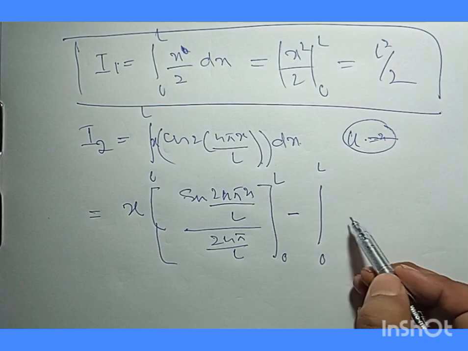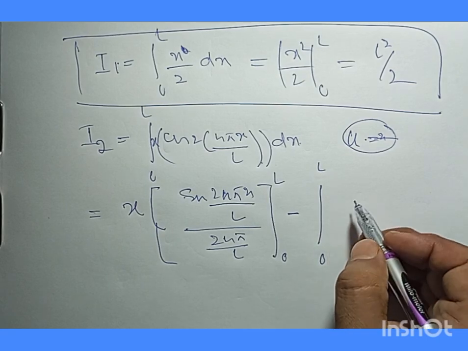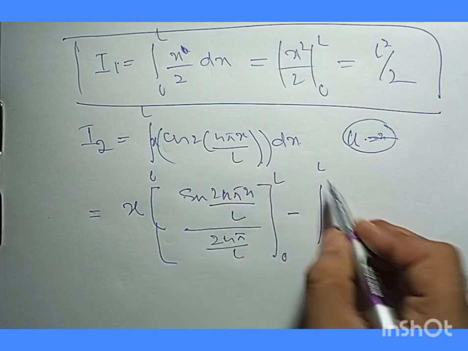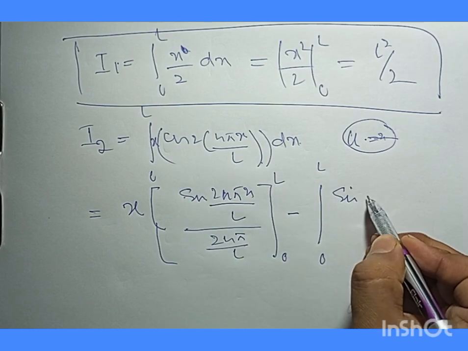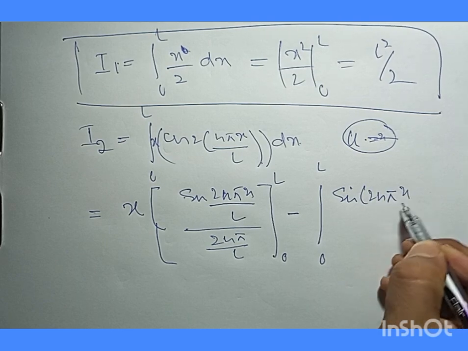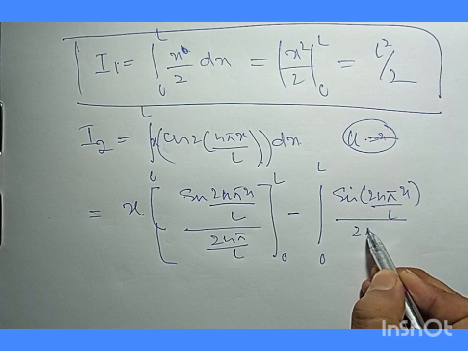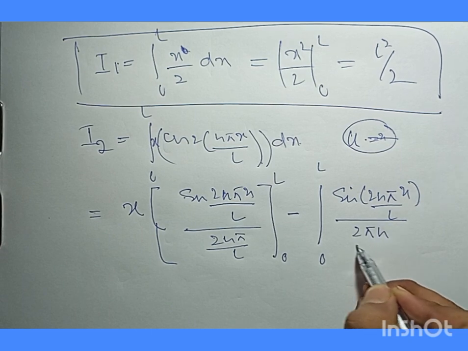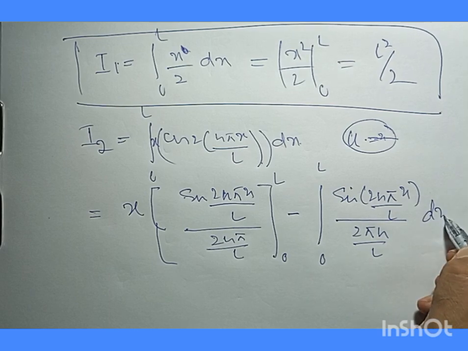The differentiation of x will give us 1, so I'll not write that. And then you will have the integration of the other, cos of 2 n pi x by L, so that will be sine of 2 n pi x by L, divided by the internal derivative, that's 2 pi n by L. So this will be it, dx.